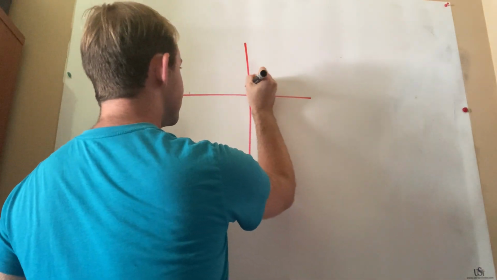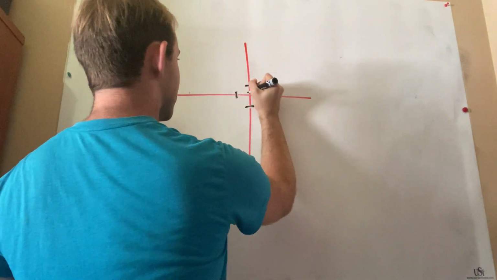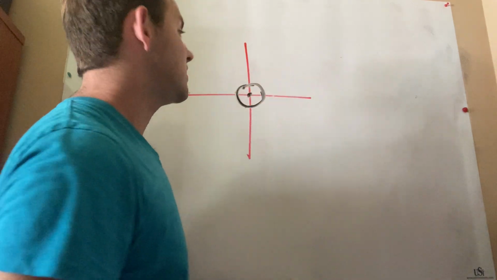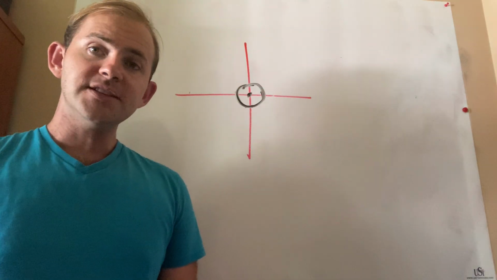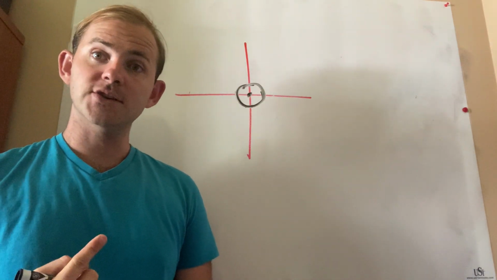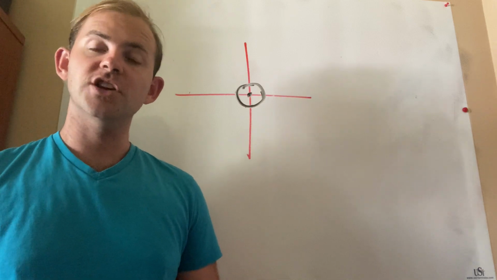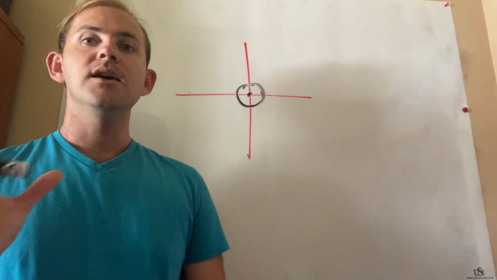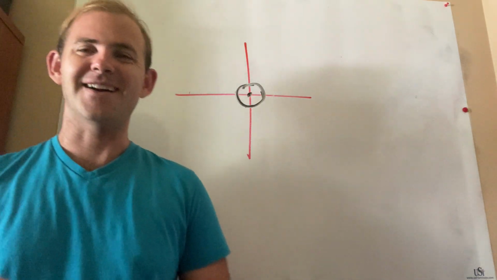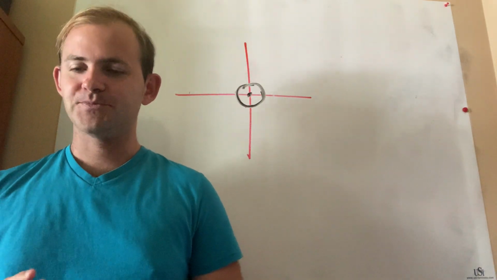Let me just draw that for you. This is actually a very special circle called the unit circle. You don't need to know so much about it for geometry, but in Algebra 2, this special circle, centered at the origin with radius of 1, is going to become very important when you're calculating sine and cosine values. So you heard it here first.